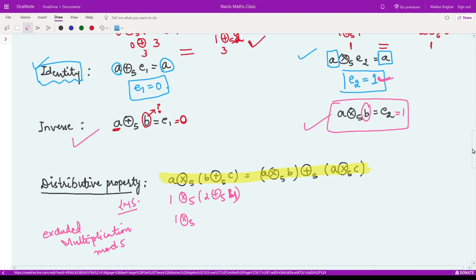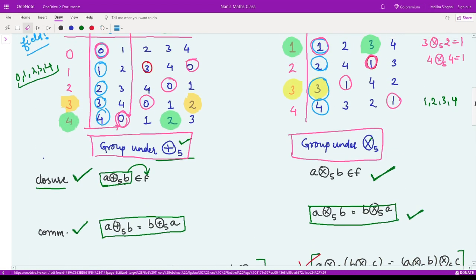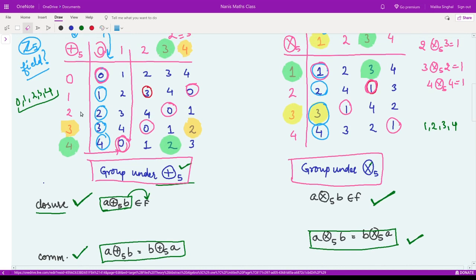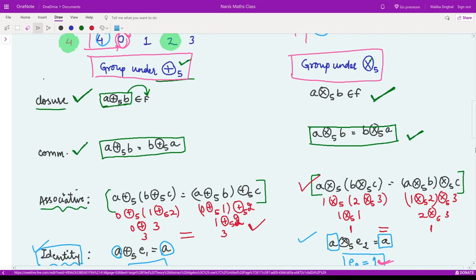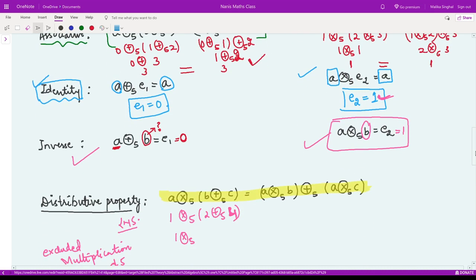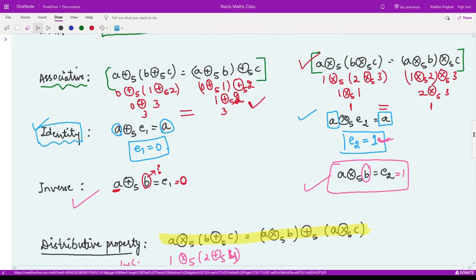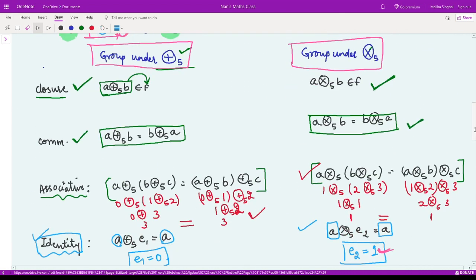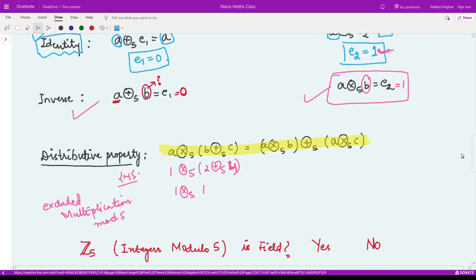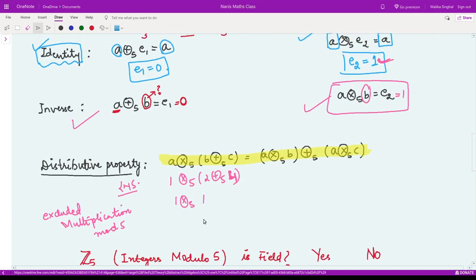So 2 addition mod 4, what is that? That is equal to 1, right? So let me write it here. And 1 multiplication mod 5 1 would be 1 again. Yes, so the left hand side is equal to 1.